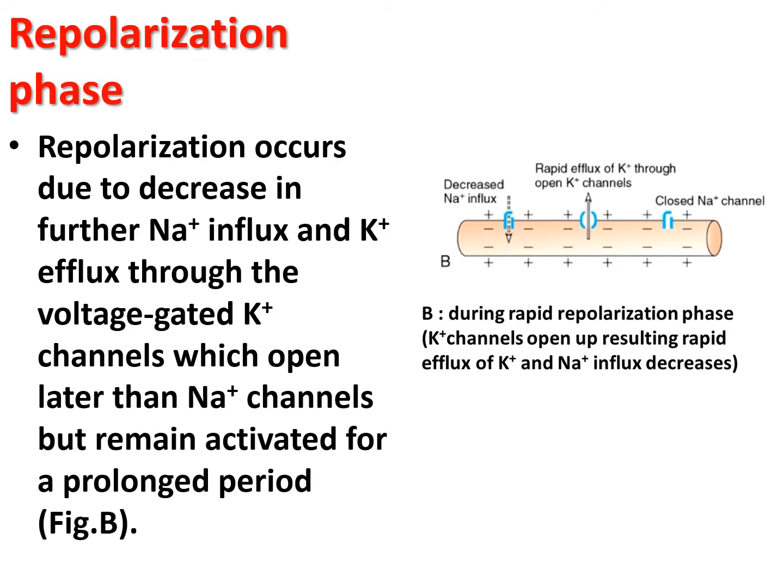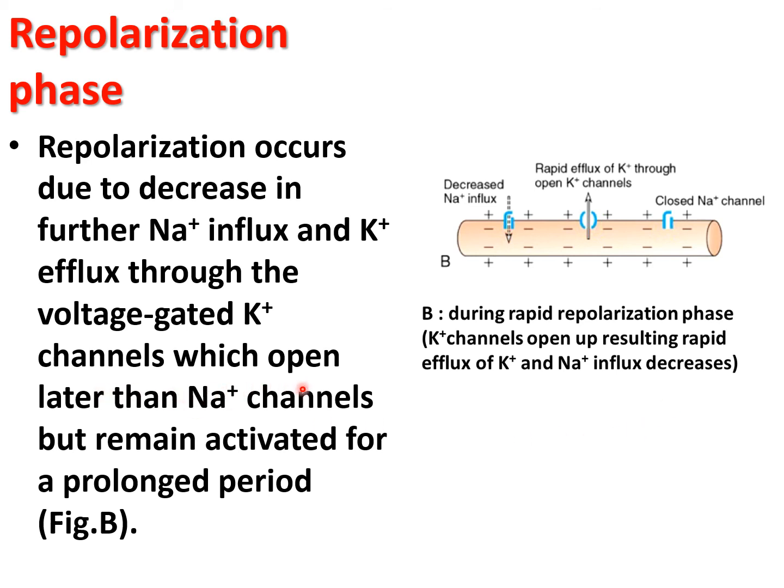Repolarization occurs due to a decrease in further sodium influx and potassium efflux through the voltage-gated potassium channel, which opens later than the sodium channel but remains activated for a prolonged period. As seen in the figure, the potassium channels open up, resulting in a rapid efflux of potassium ions, and sodium influx decreases.